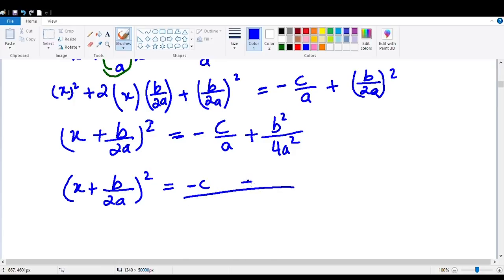If we want to gather this up, we can take the LCM, so 4a squared is the LCM. 4a squared I'm writing over here.